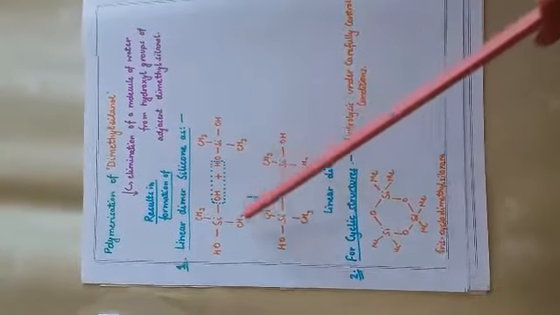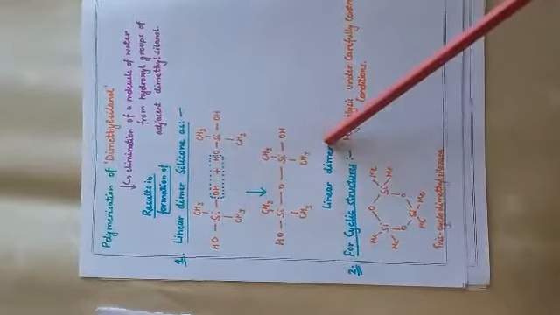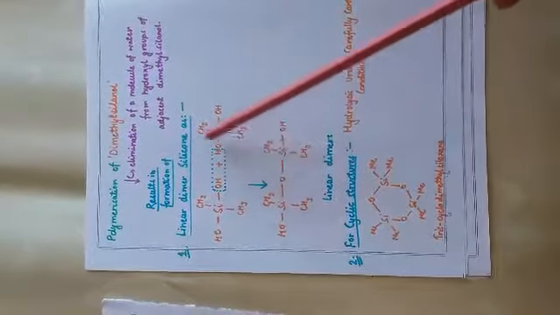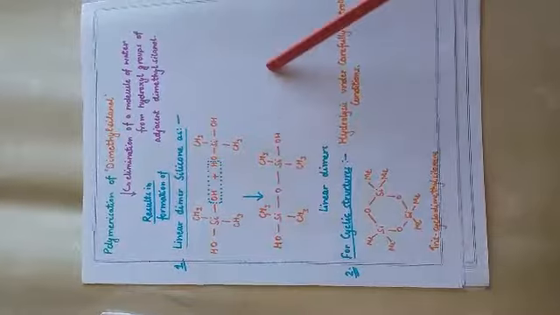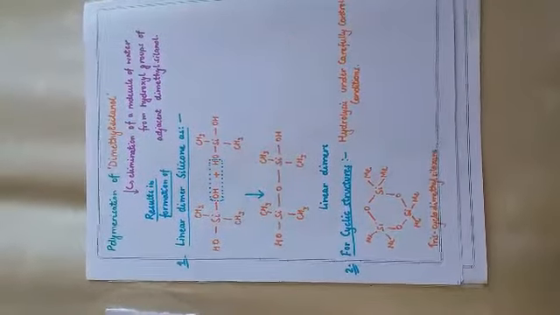So a linear chain is formed, and there are two subunits, so we call it a dimer, and it can form a polymer if we take multiple subunits, and by this condensation reaction they will be joined to each other, forming linear polymers.